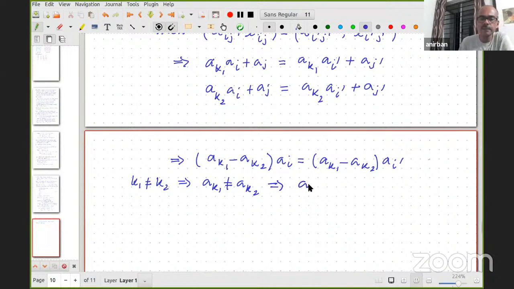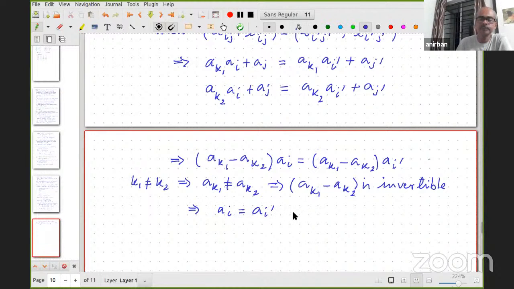That implies a_k1 minus a_k2 is invertible. It's a field, so every non-zero element is invertible, and since it's invertible, we can cancel it out from both sides. So cancellation holds, and a_i is a_i prime. This also implies that a_j is a_j prime.